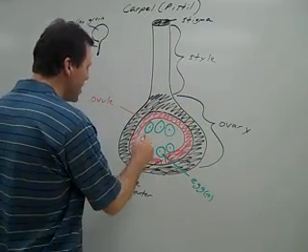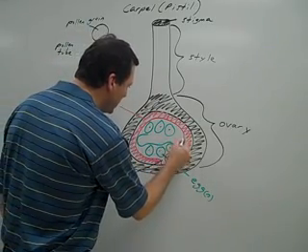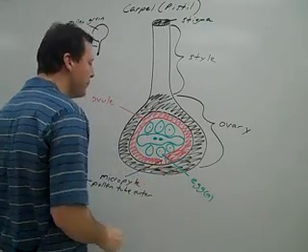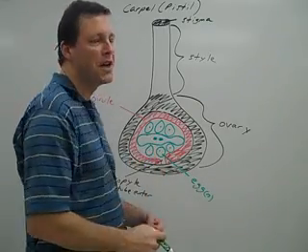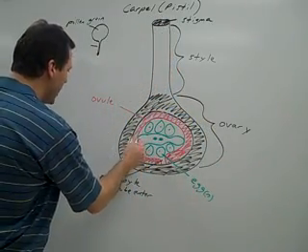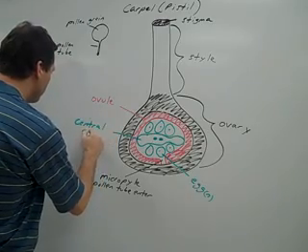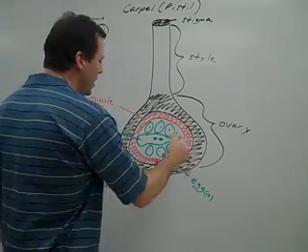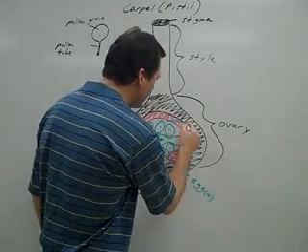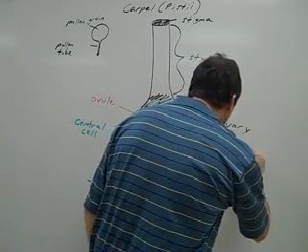And our last cell, which is our large central cell, consists of 2 nuclei. And these 2 nuclei are oftentimes referred to as polar nuclei. So let's go ahead and label that. That's the central cell. Now again, collectively, all these green cells, these 7 cells, are referred to as the embryo sac.